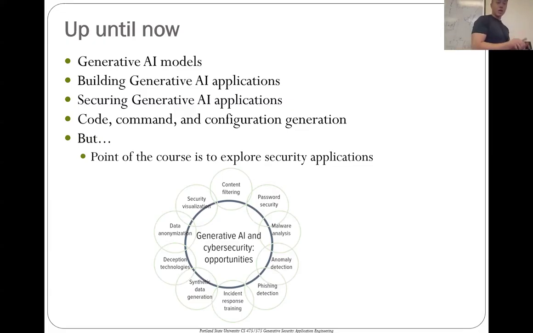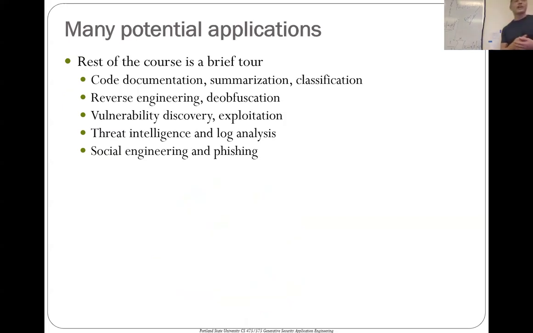Okay, so the rest of this course is a very brief tour of some of the things that people are looking for LLMs to automate. I mostly focused on offensive things and a little bit of vulnerability remediation, but there's also a little bit of threat intelligence and log analysis.